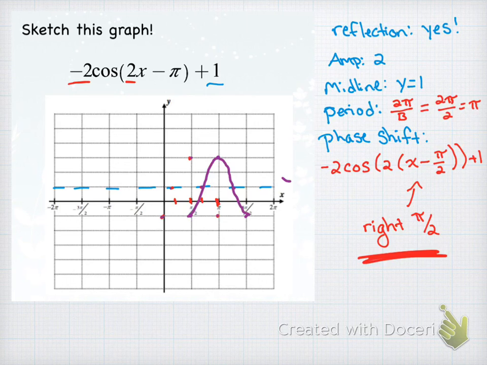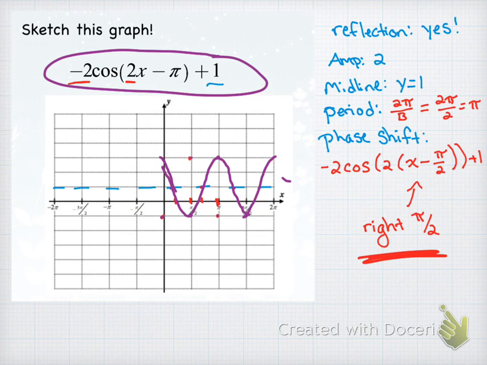You could keep going and say, all right, if I continue the pattern, this would go up, this would be here, and I could just continue that same pattern over and over again, okay? That's putting everything together. That is a complicated graph. So if you can graph this, you are golden with all things graphing.